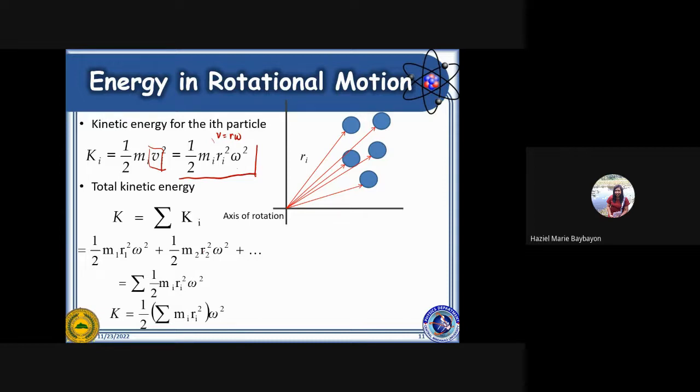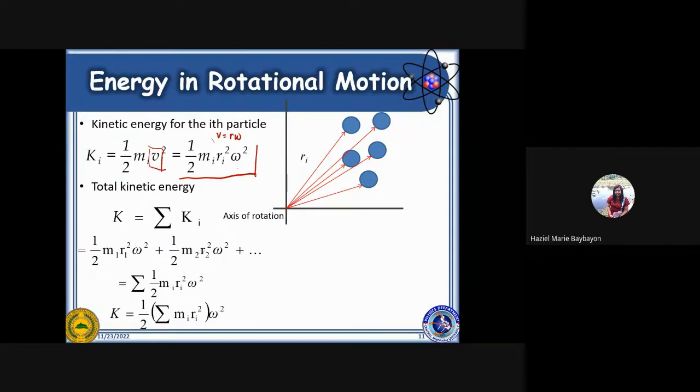Okay? So, you have the kinetic energy is equal to 1/2 factored out because common siya sa tanang equations. Bisag pila kabuok terms, naa na siya 1/2 tanan. Naa na siya omega squared tanan. Okay? So, we can factor it out. And then, what is left inside the summation is m sub i r sub i squared. Because it is dependent.